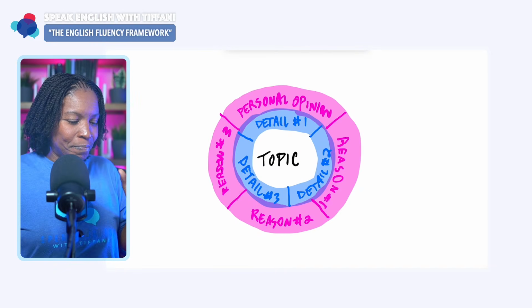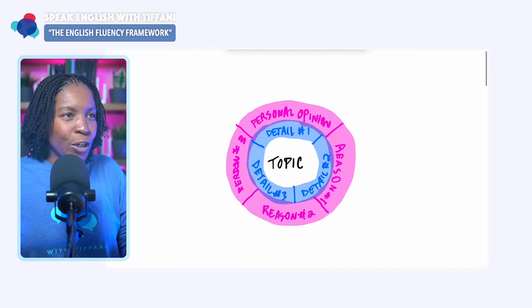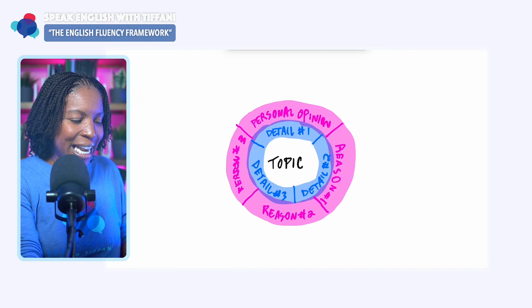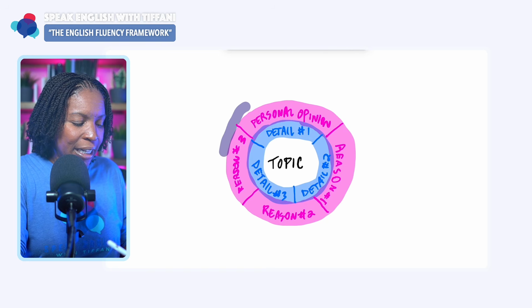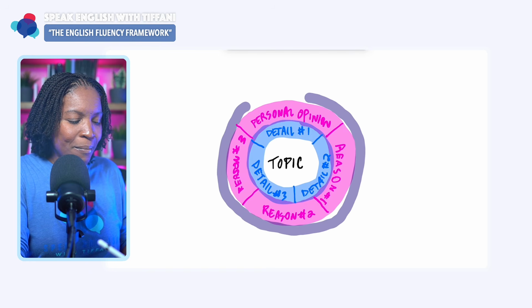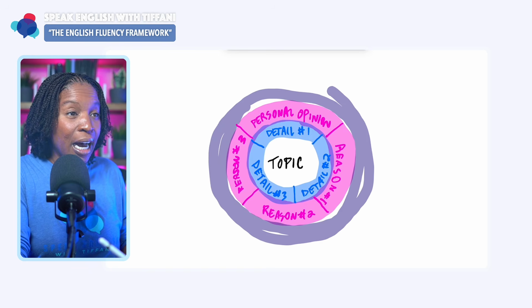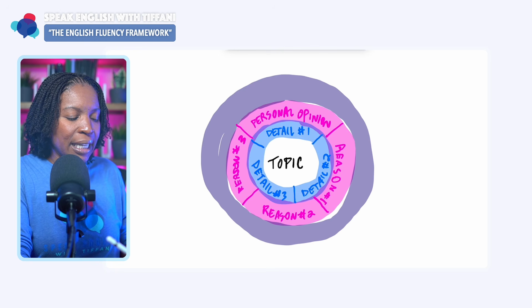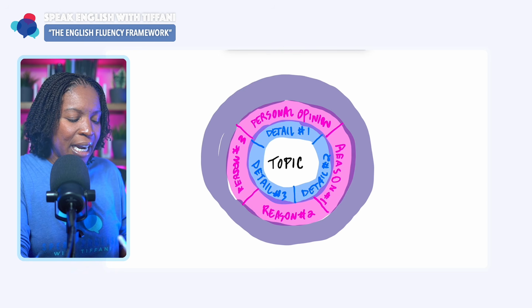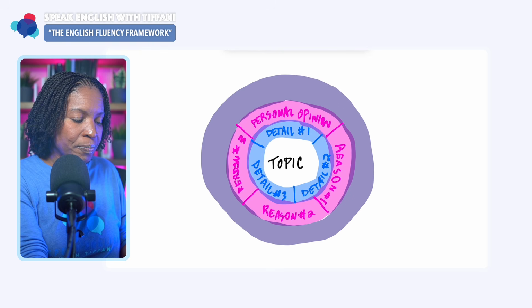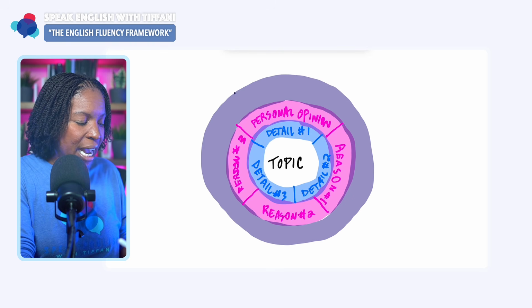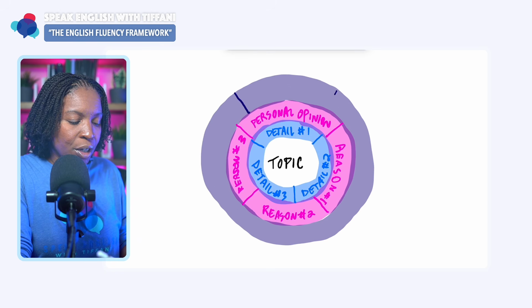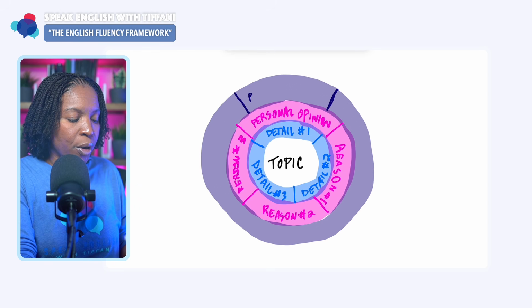So let's look at it again. We have our first 2 layers. Now we're adding layer number 3 of our FluencyPanion. And what is layer number 3 actually made up of? We're looking at layer 3, building on the previous layers.